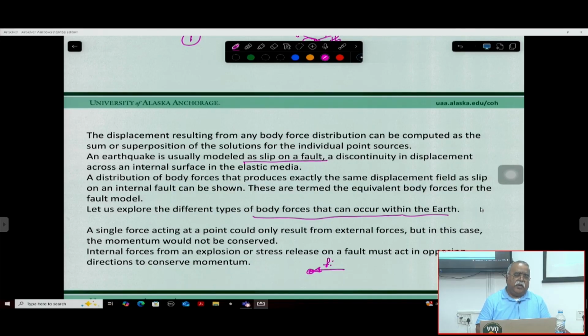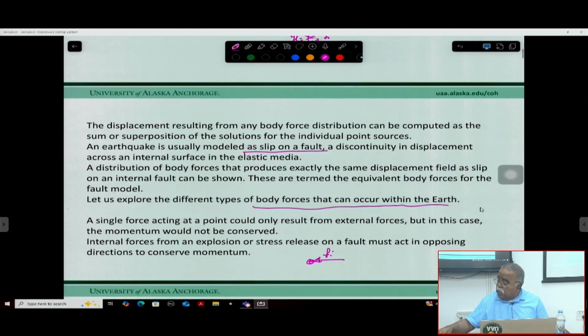So both the momentum and angular momentum have to be conserved. That's the primary conservation rule. So that means due to this earthquake, the body will not rotate while the displacement is produced, right?